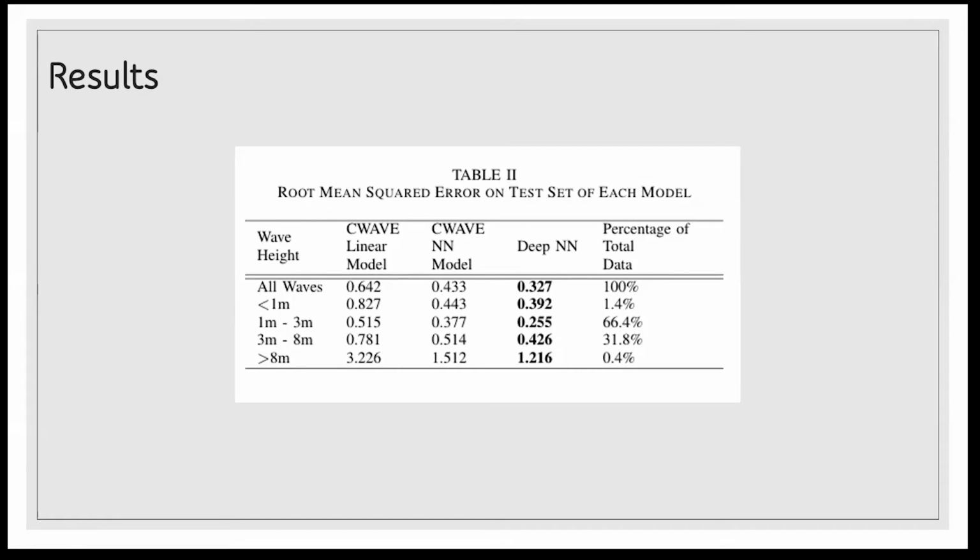But even so, we see that our neural network based on image modulation spectra is able to reduce our error in this category significantly when compared to both of the current state of the arts. And this is important because if we were to use this model for warning ships of extreme sea states, it's important to be able to accurately, or more accurately, predict these.